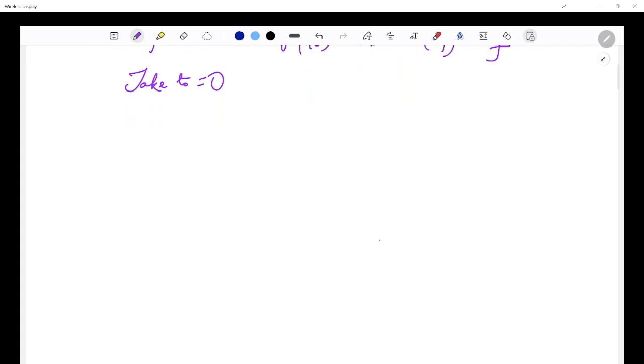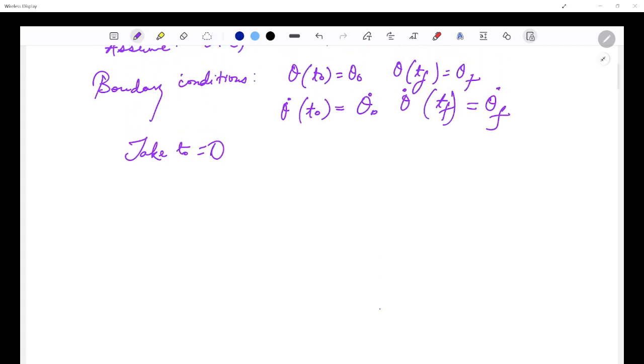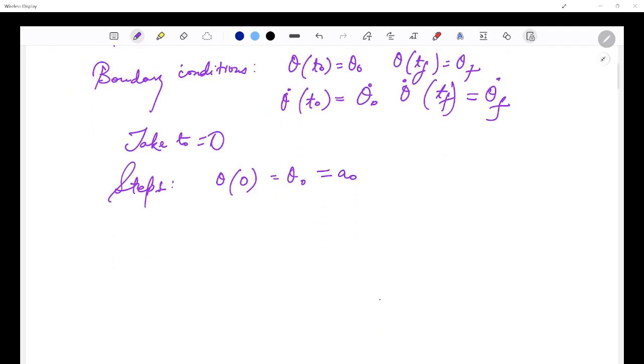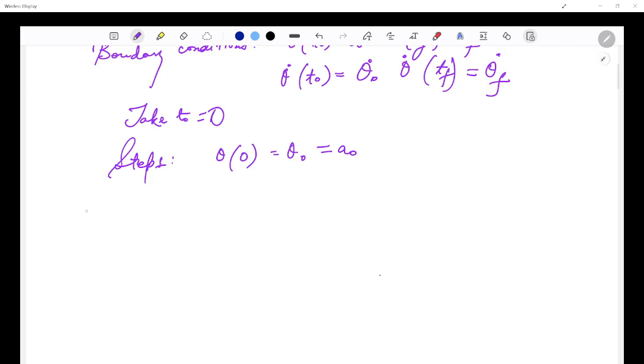Then step 1 is to calculate theta 0. It is theta naught, and that is equal to a naught, right? Because if you put t equal to 0, you'll get a naught. The second step is theta dot 0, which we also need to find out.